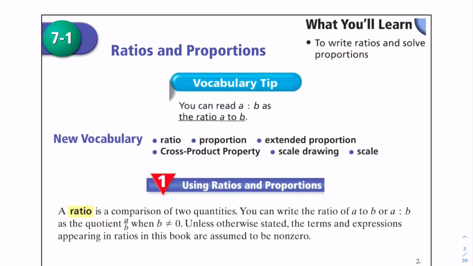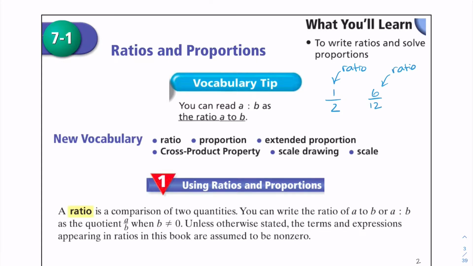A proportion is when we set a ratio equal to another ratio. So for instance, here's a ratio. It is, let's write 1 to 2. And here's another ratio. There's another ratio. Oops.